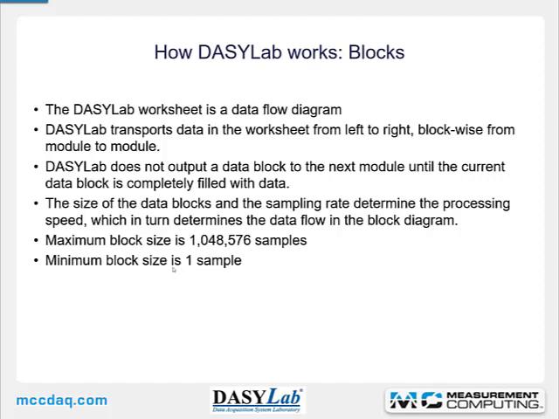The size of the data blocks and the sampling rate are going to determine the overall processing speed, which in turn determines the data flow in the block diagram. The maximum block size is 1,048,576 samples, and the minimum block size is 1 sample.